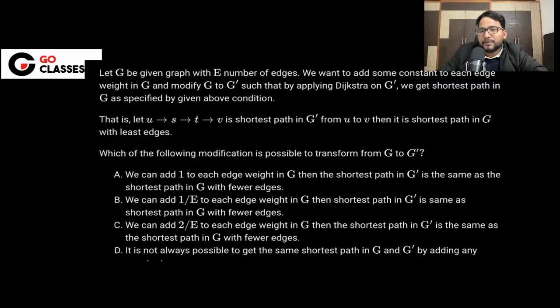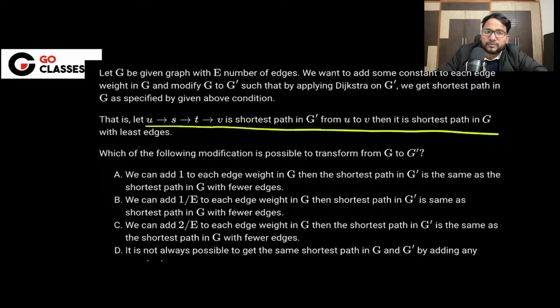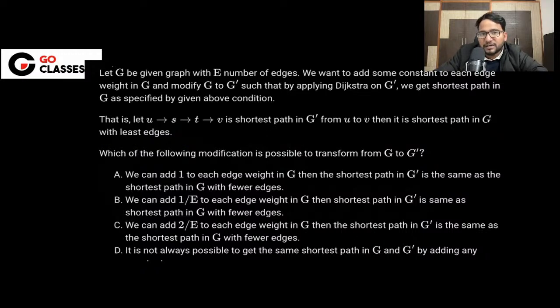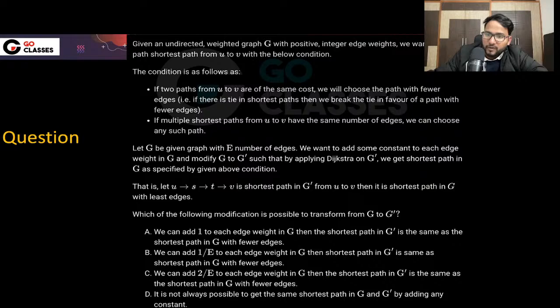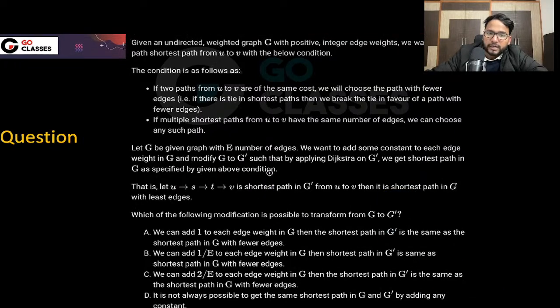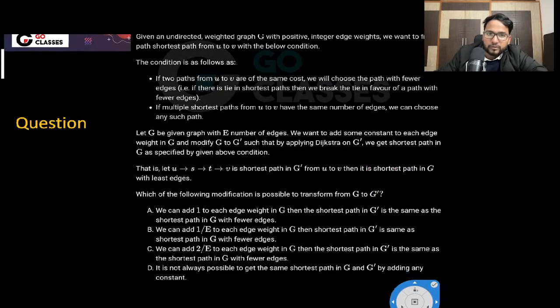So basically they are saying that even if we add, we still get the same shortest path, that is, the shortest path in G dash from U to B is the shortest path in G with the least edges. So what should we add such that the shortest path doesn't change? Let me tell you what they are trying to say.